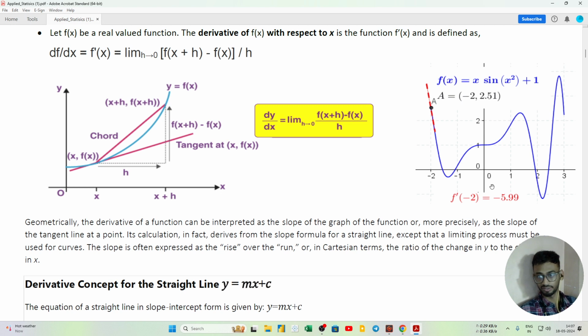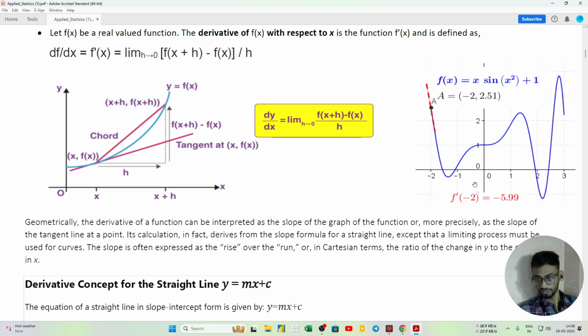For a function like this, a function of x into sine of x square plus 1, if I measure the derivative here, and measure the derivative here, at every point the derivative is different.